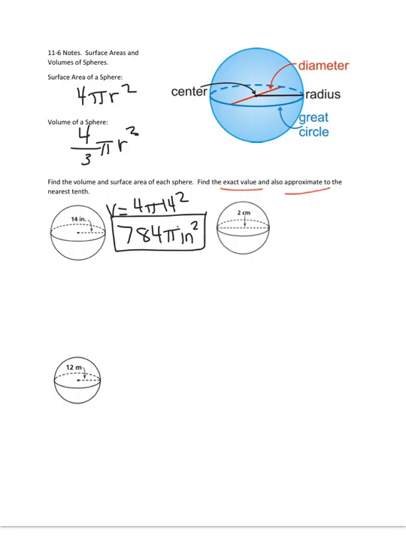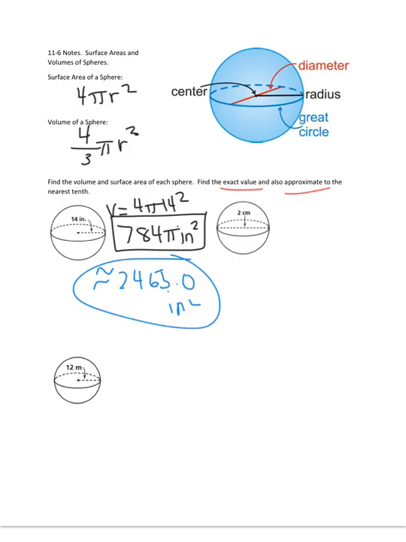When you approximate to the nearest tenth, you're going to put this in your calculator and leave it in one decimal. So when I put that in my calculator, it's about 2463.0 inches squared. You want to leave that 0.0 because it shows that you rounded to the nearest tenth.